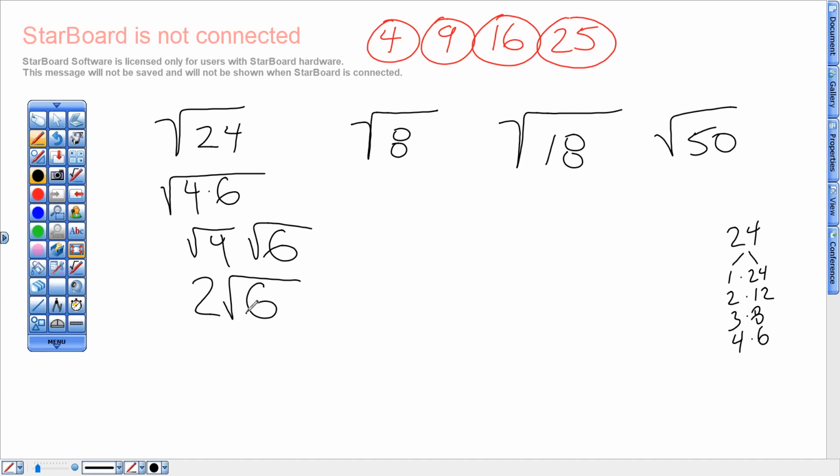4 times 4 would give you 16. So here are all the numbers that make up 8. You got 8 times 1, or 1 times 8. You have 2 times 4.